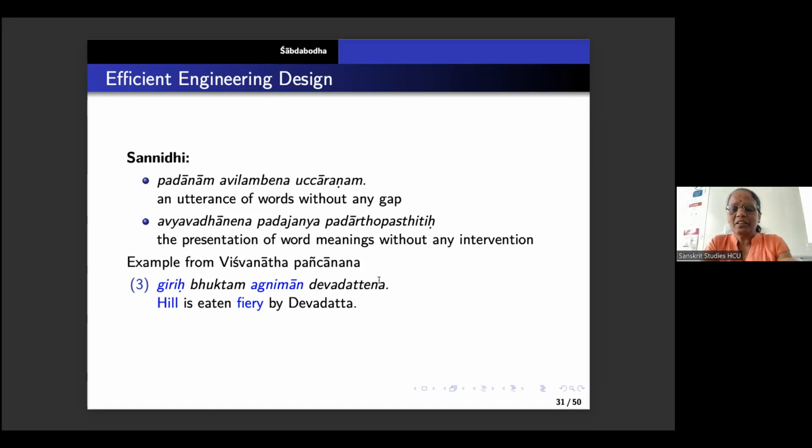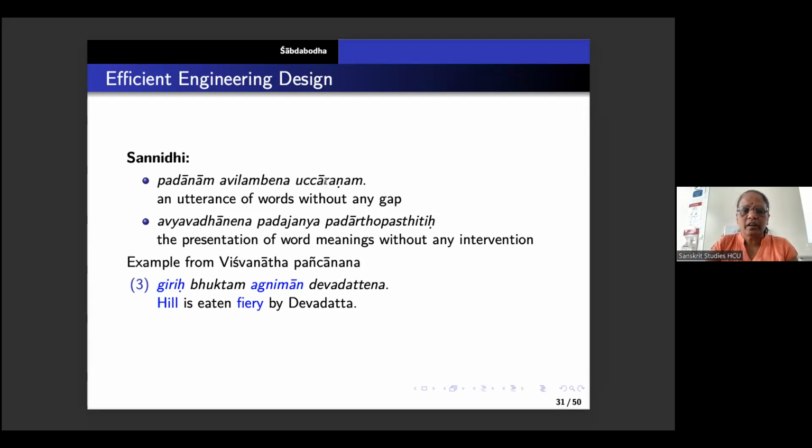Okay. But the point here I wanted to make, or the author wants to make, is there are two different sentences. One is Girihi Agniman. The other is Devadattena Bhuktam. And if there is some insertion between Girihi Agniman of the word bhuktam of another sentence, then it leads to ununderstandability.